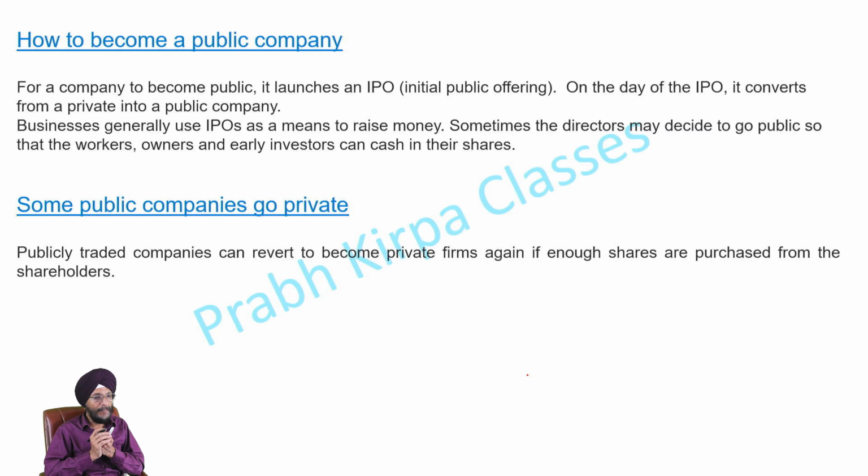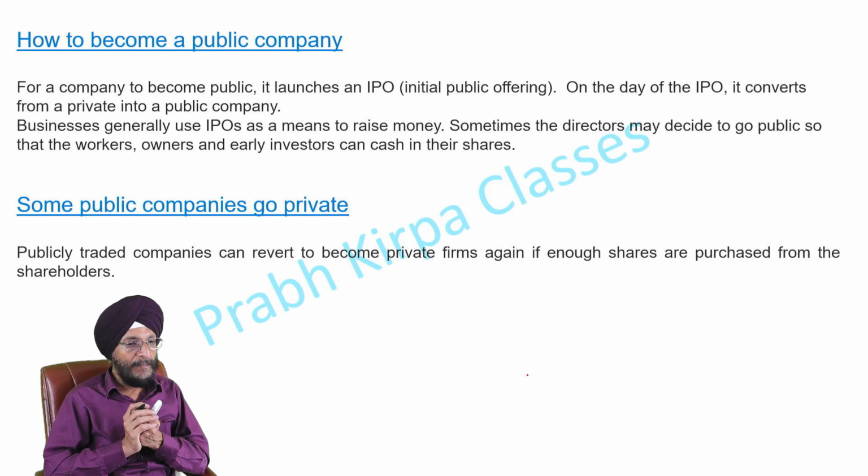How to become a public company? For a company to become public, it launches an IPO. On the day of the IPO, it converts from a private into a public company. Businesses generally use IPOs as a means to raise money.